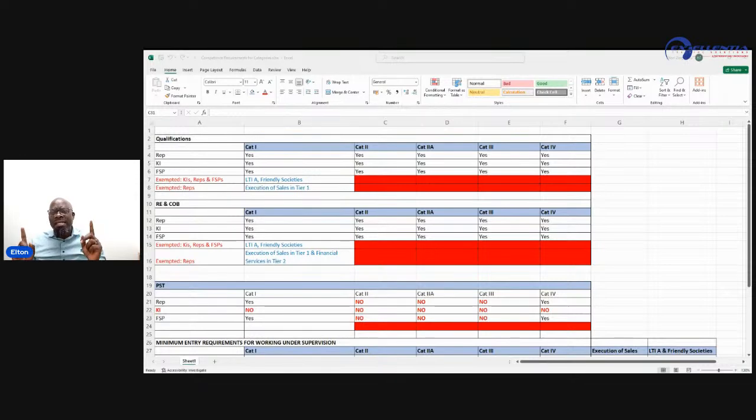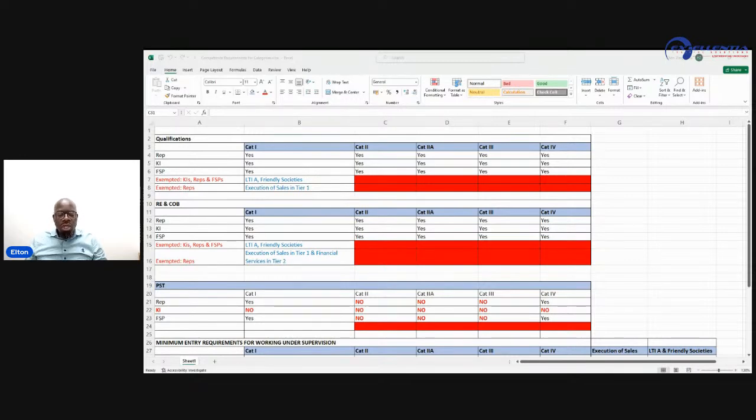So the closest we can get to these execution of sales will be people who are in a call center setting. They're a typical example of execution of sales. Those guys are exempted from the qualification requirement. And please take note, it's only in tier 1.